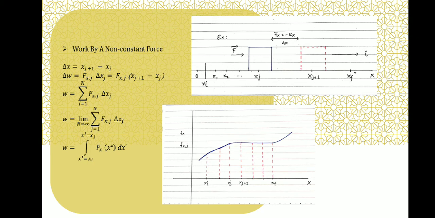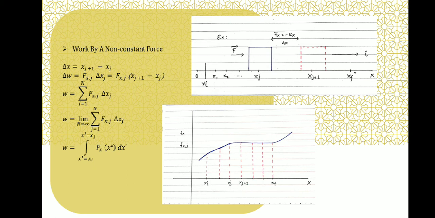We apply a force that is a function of position, so we look at the displacement over a small amount. Let's call this point xi and this xi plus 1. How much work is done when the force acts from here to here, which we call delta x?